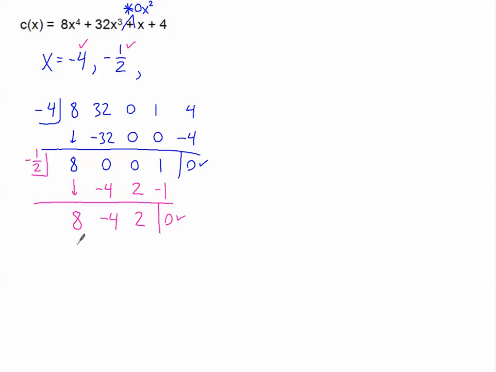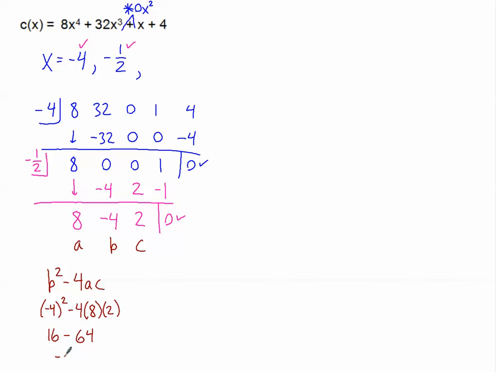And since the other answers I need quadratic formula, I'm going to write a, b, and c, and let's do our quadratic formula. b squared minus 4ac. So what do we have here? -4 squared minus 4 times 8 times 2. So this is 16 minus 4 times 8 times 2 is 64.